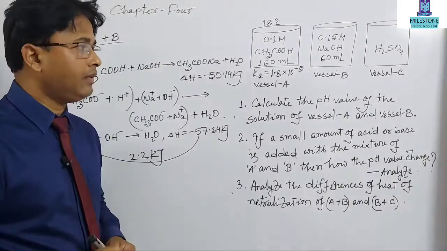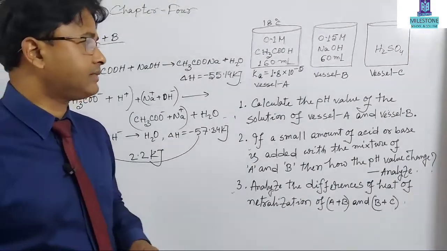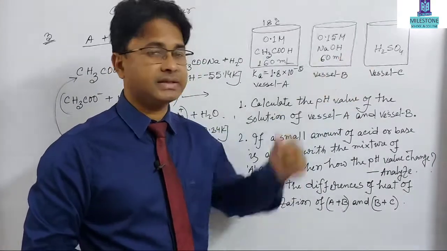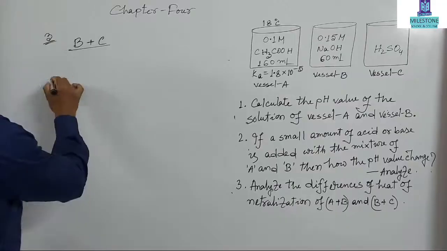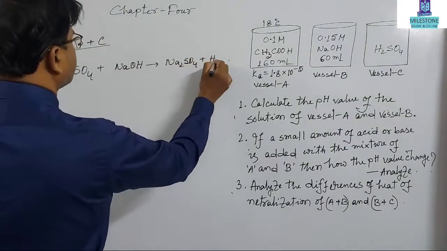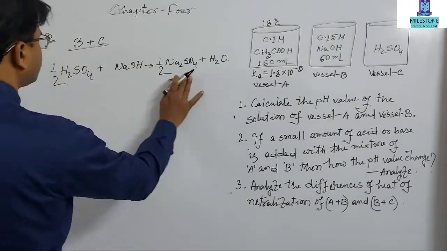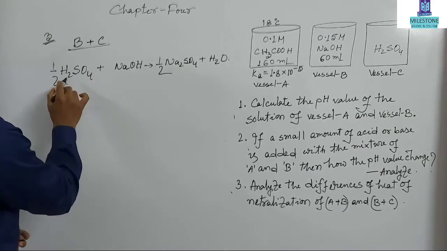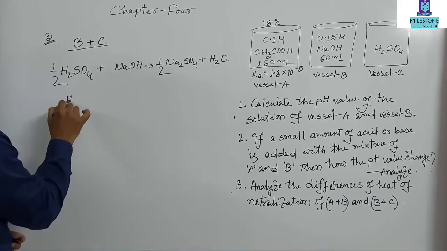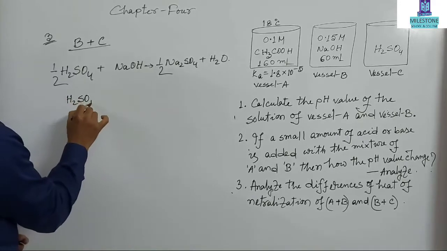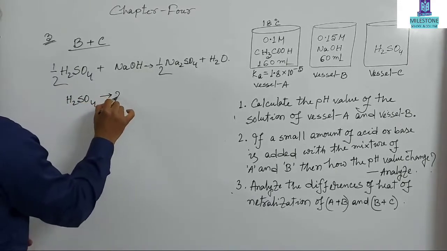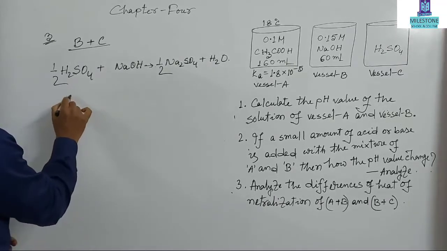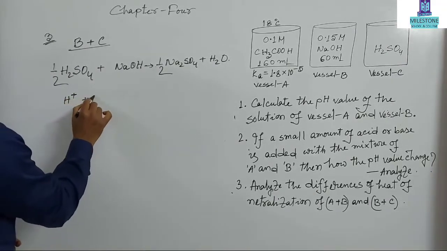Students, now I am going to discuss the heat of neutralization of sodium hydroxide and sulfuric acid. Here sulfuric acid is a strong acid, that's why it ionizes completely to produce a huge amount of H plus ion and sulfate ion.